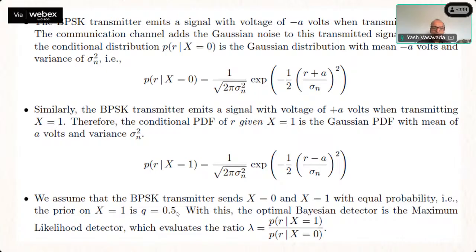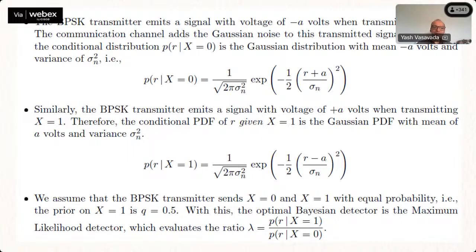So when q is equal to 0.5, there is equal chance of zeros and ones. Then the optimal Bayesian method becomes this maximum likelihood technique, which is simply asking which of these conditional distributions is greater. Whichever is greater, I will say that the corresponding value of x is transmitted.